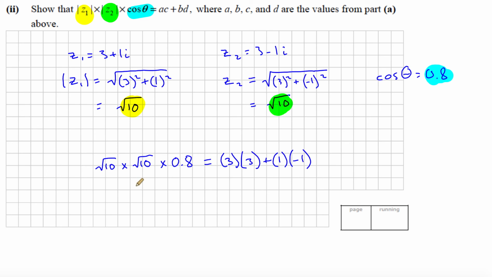Root 10 by root 10 is 10, so it's 10 times 0.8. Is that equal to 9? 3 threes is 9, and 1 multiplied by minus 1 is minus 1, so it's 9 minus 1. And 10 by 0.8 is 8, and 9 minus 1 is 8. So there we've shown that the modulus of z1 by the modulus of z2 by the cosine of the angle theta is equal to ac plus bd. And that's the end of the question.